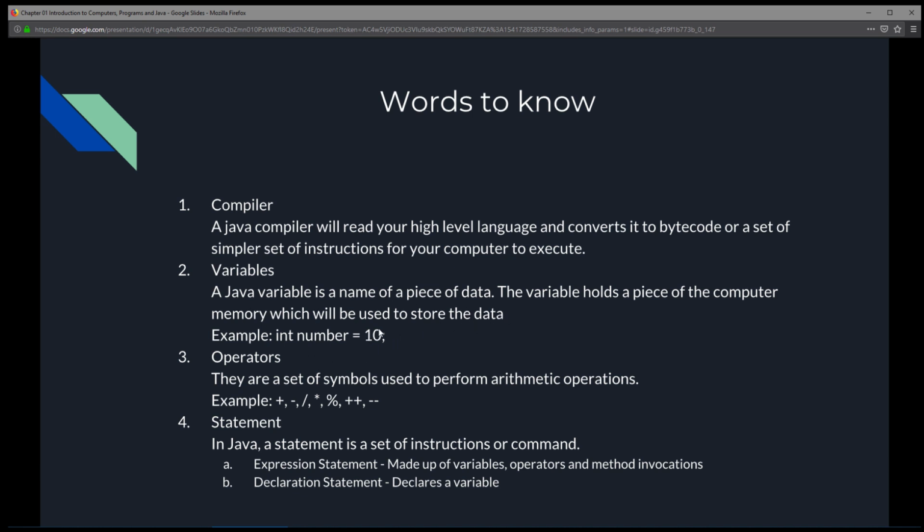So here's my example. Can you tell which one of these is the Java variable? All right. Now, if you remember this keyword from earlier, from our second slide, I said in Java there are keywords. One of those keywords is this int keyword, which is short for integer.